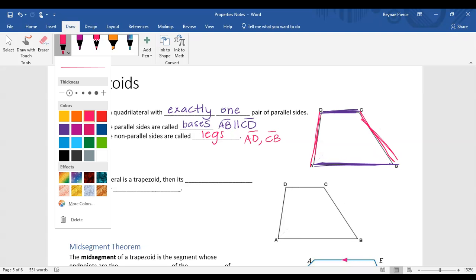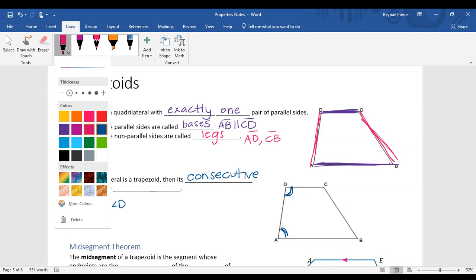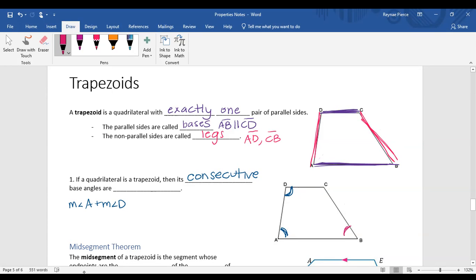Now, a trapezoid is a quadrilateral, though, and its consecutive base angles, so angle A here and angle D, and then angle B and angle C, they are supplementary.